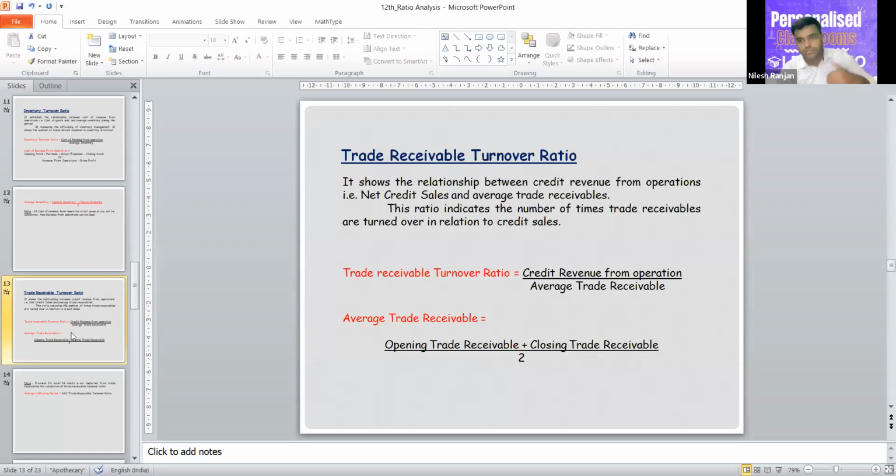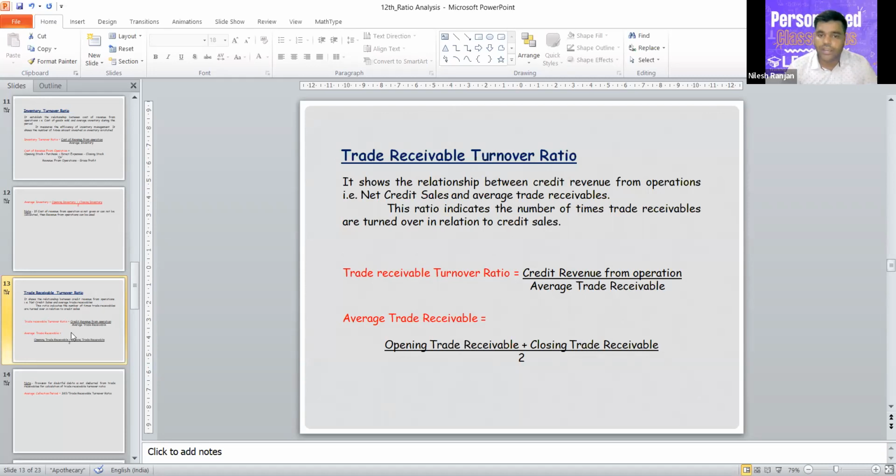How much amount we have sold on credit basis and how much amount we have collected from this, it tells us how many times it is rotated. The trade receivable turnover ratio formula is credit revenue from operations divided by average trade receivable. This will result in times, 3 times, 4 times, 5 times, whatever it is.